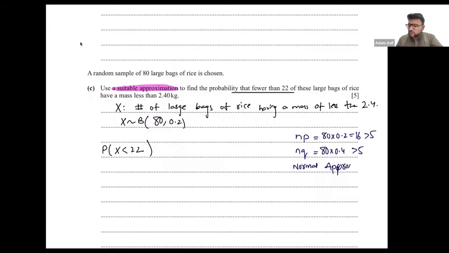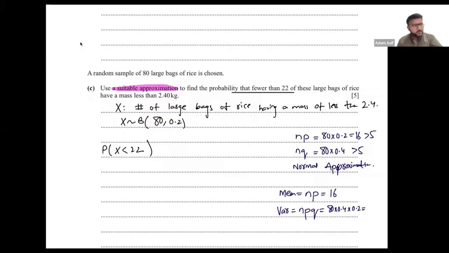Now, if you want to solve this question through normal approximation, you need the mean and the standard deviation. How do I calculate the mean? The mean is going to be equal to NP. So 80 times 0.2, that is 16. And the variance is going to be equal to NPQ. So 80 times 0.8 times 0.2.